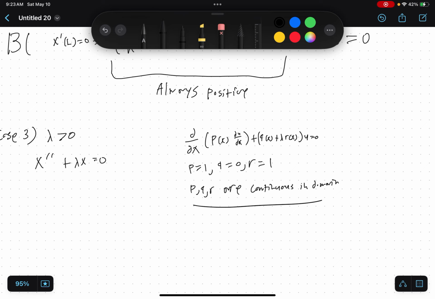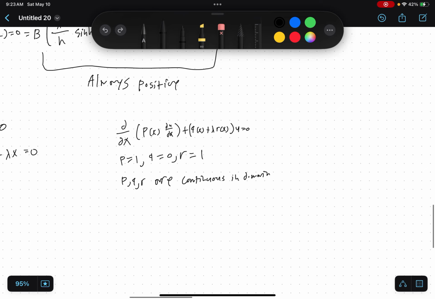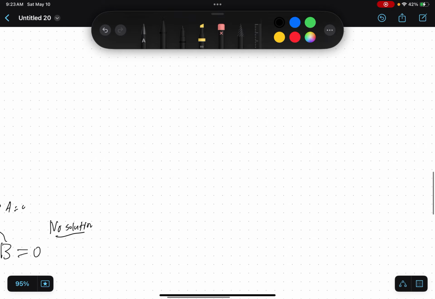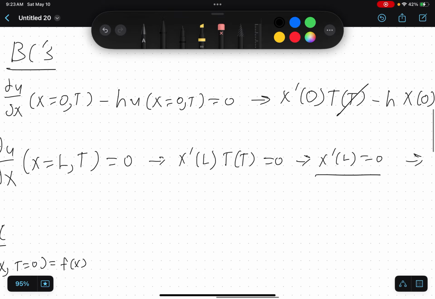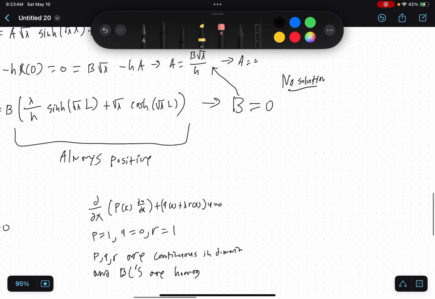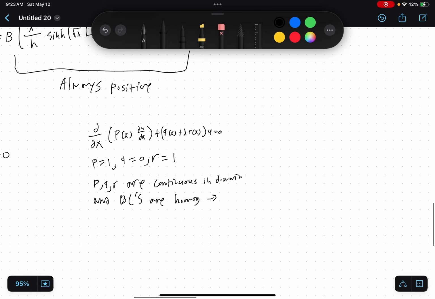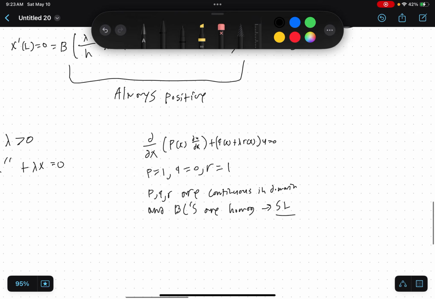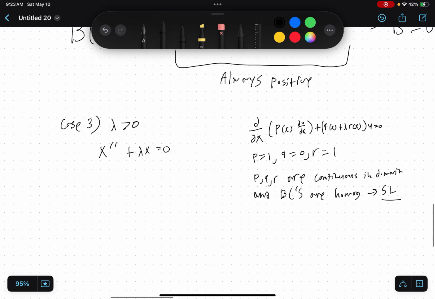Oh, because of this, and because the boundary conditions are homogeneous, we can do Sturm-Liouville. Cool. So, step 1, do what we always do.